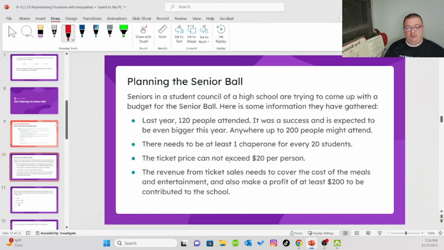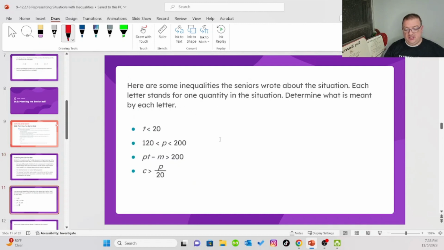So it could be less than, or it could be equal to 20. So this right here should actually say less than or equal to, and T equals ticket price.